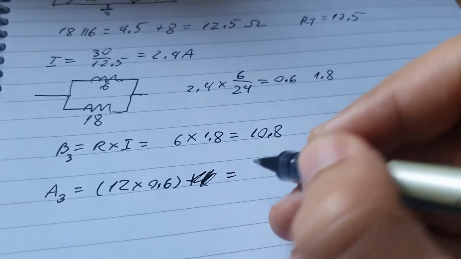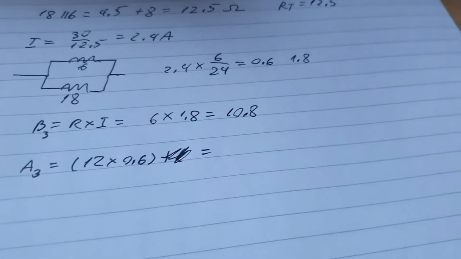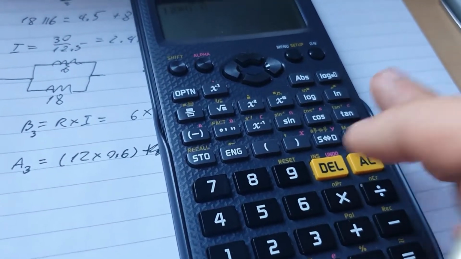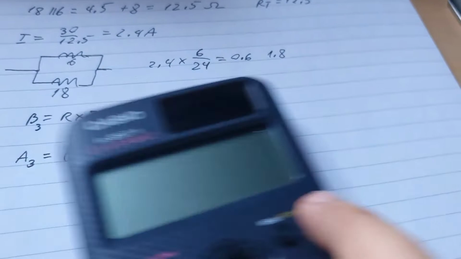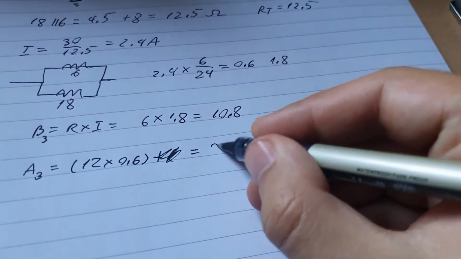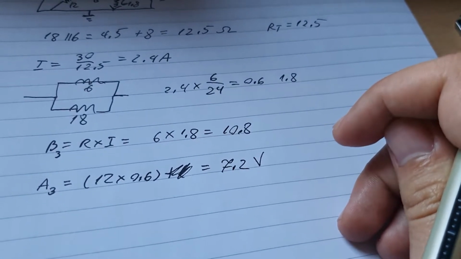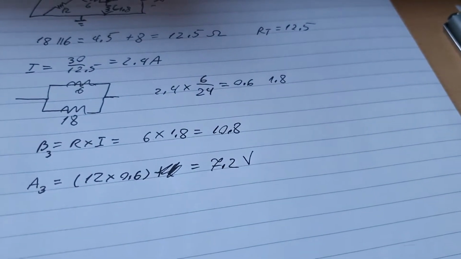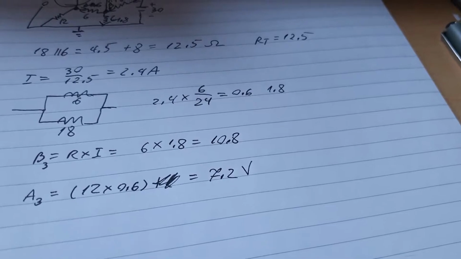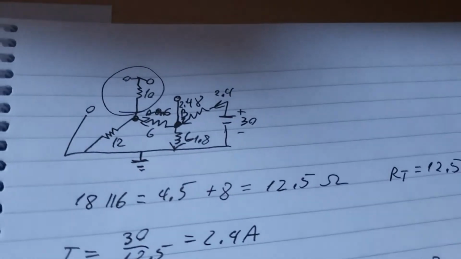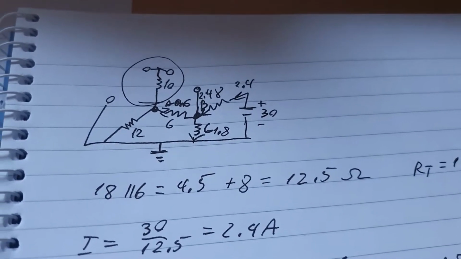So that will be 12 times 0.6, 7.2 volts. Well, this actually makes sense because there isn't that much, is there? Okay, and because we use the current, everything should be fine in here as well.